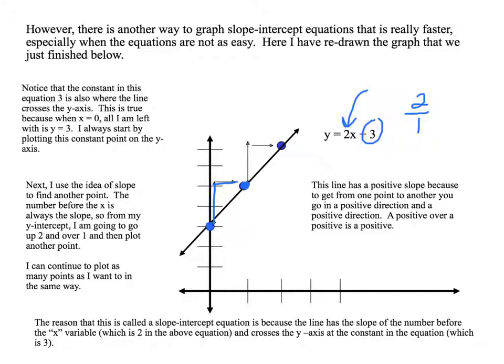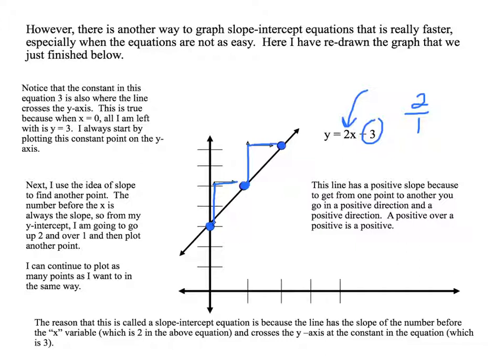If I wanted to, I could go up 2 more and over 1 again and plot another point. And then I can just go through and draw my straight line for this. This was a pretty easy way of going through and finding points without setting up my t-chart.